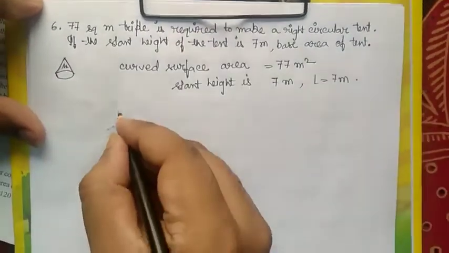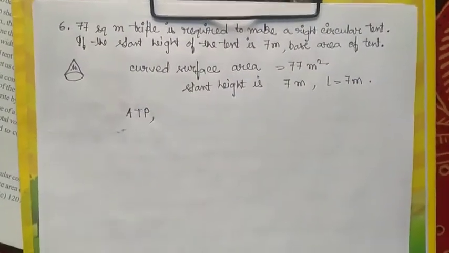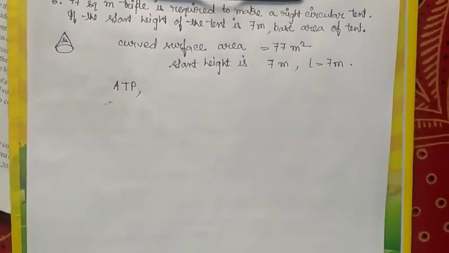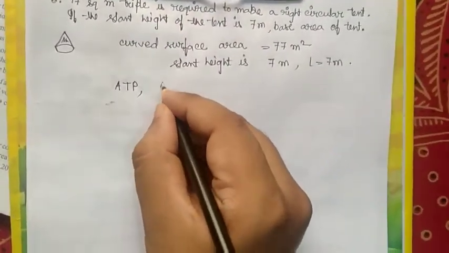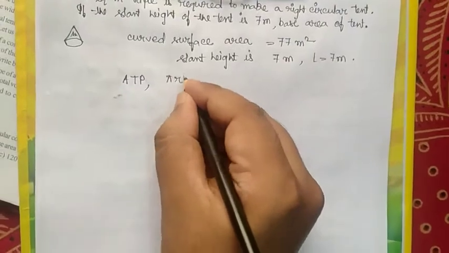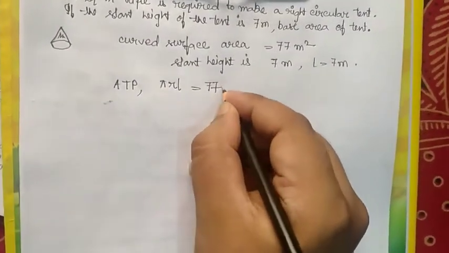So now according to the problem, curved surface area means pi r L. So we have to write pi r L equal to 77.